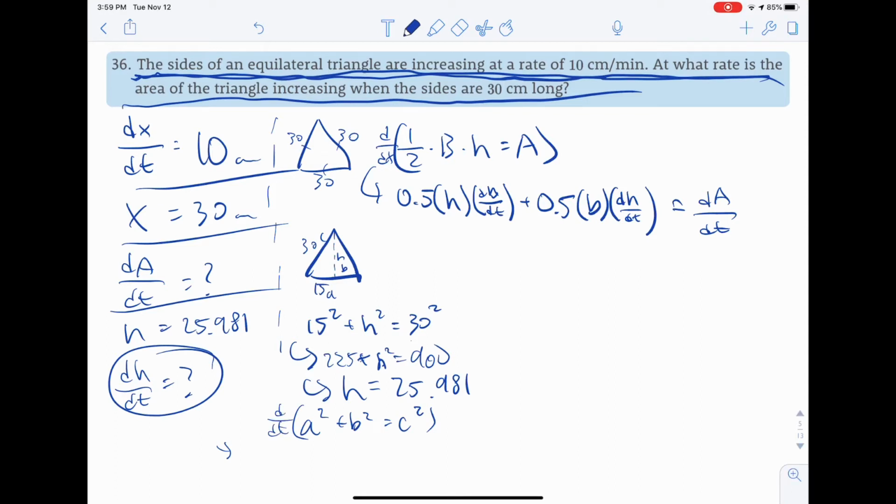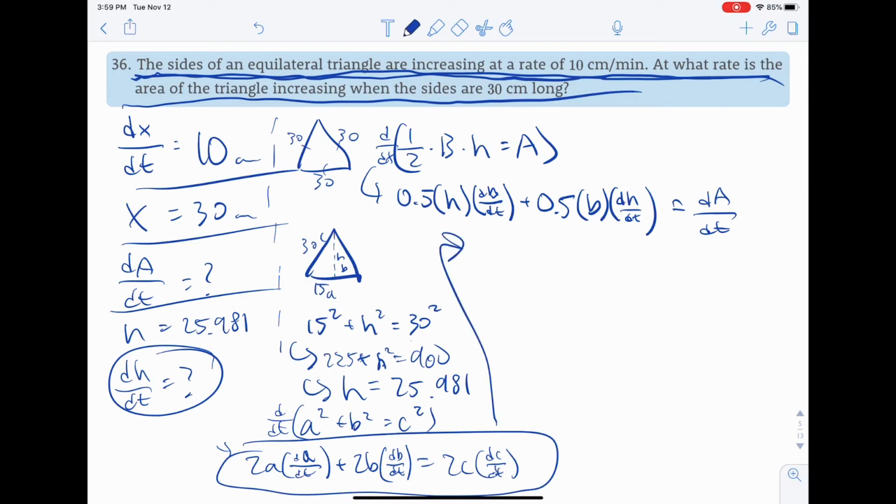It gives you 2a da over dt plus 2b db over dt is equal to 2c dc over dt. All right, so we have this.